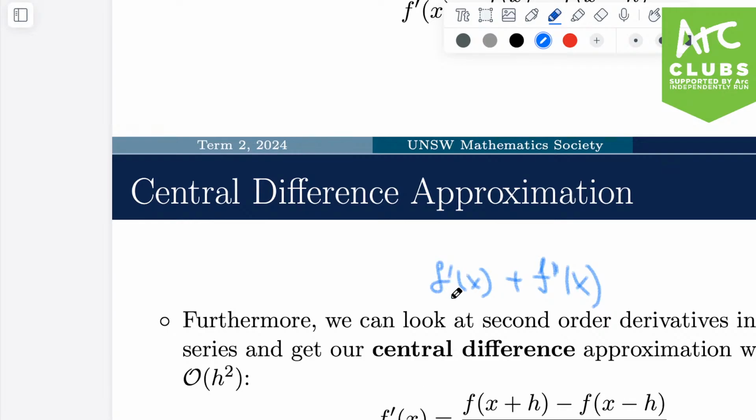Then we can use a central difference approximation. Because we know f dash dash x, our error will become big O of h squared. The central difference approximation works on both f dash x and f dash dash x, and the truncation error here is big O h squared.